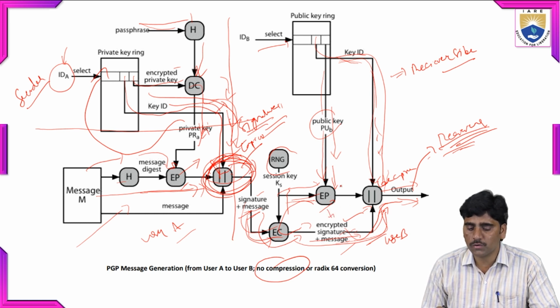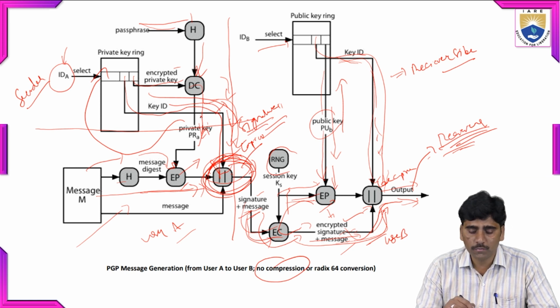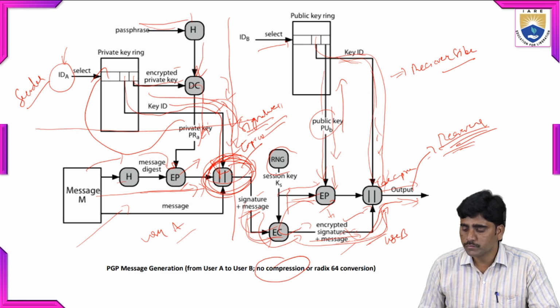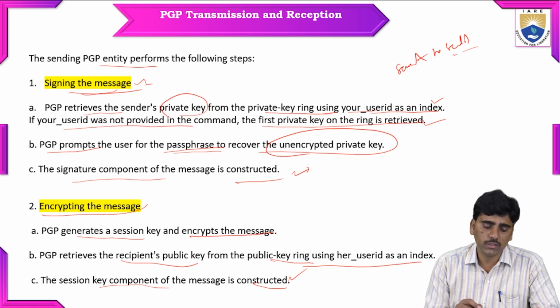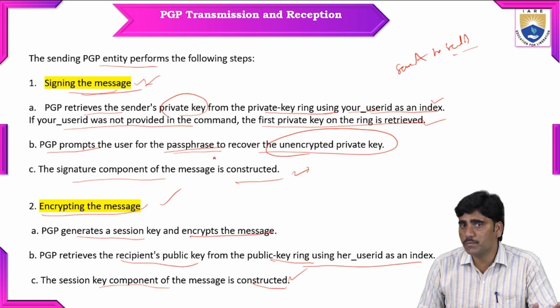To do this encryption process, the public key is taken from the public key ring, and the private key is applied from the private key ring. Now the message is delivered to the receiver side. With these two steps, signing the message and encrypting the message, the transmission is done.